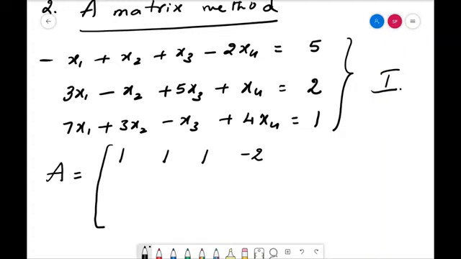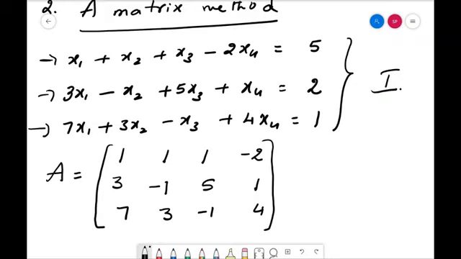Then in the second equation, I have the coefficients 3, minus 1, 5, 1. And the third row is the coefficients in the third equation: 7, 3, minus 1 and 4. Then I'll take this as a matrix which has 3 rows and 4 columns.